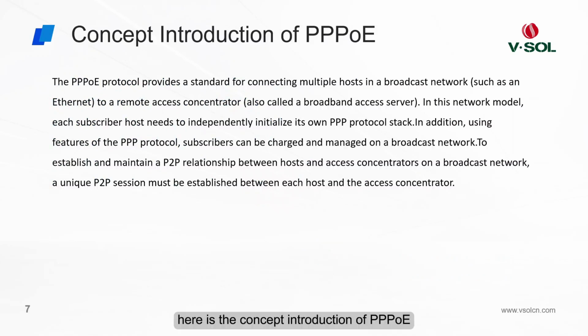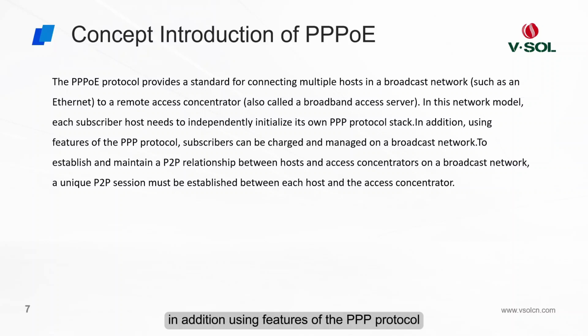Here is the concept introduction of PPPoE. The PPPoE protocol provides a standard for connecting multiple hosts in a broadcast network, such as an Ethernet, to a remote access concentrator, also called a broadband access server. In this network model, each subscriber host needs to independently initialize its own PPP protocol stack.